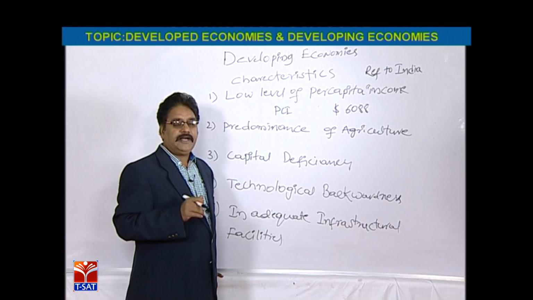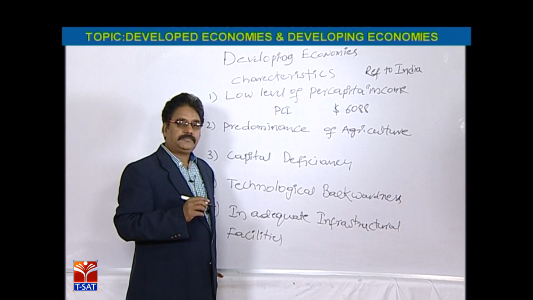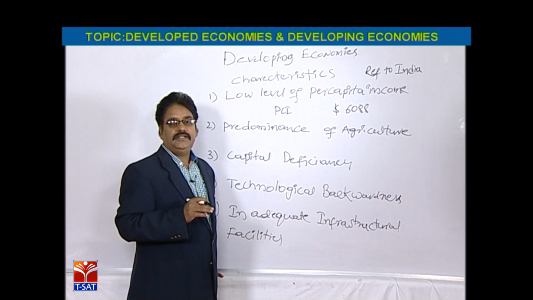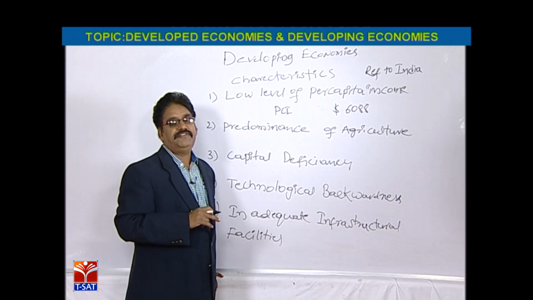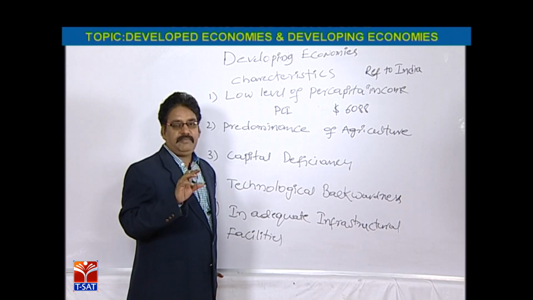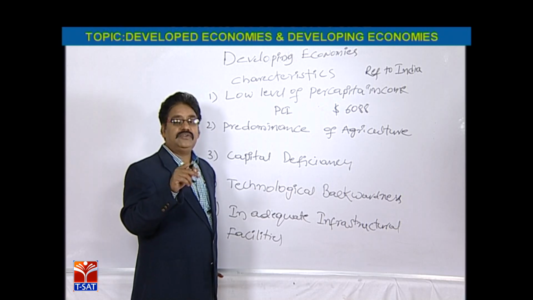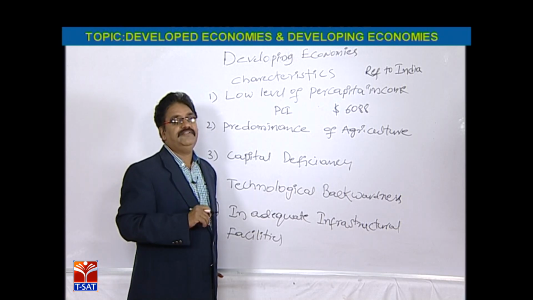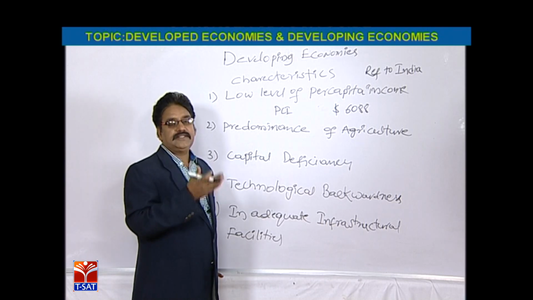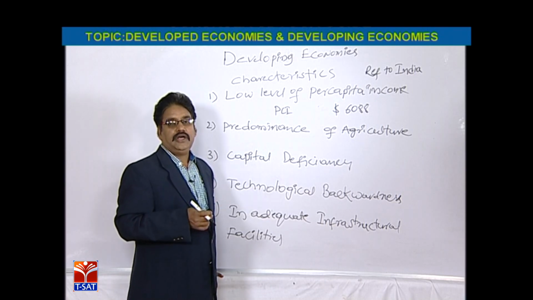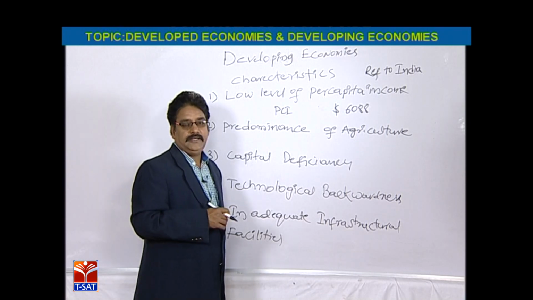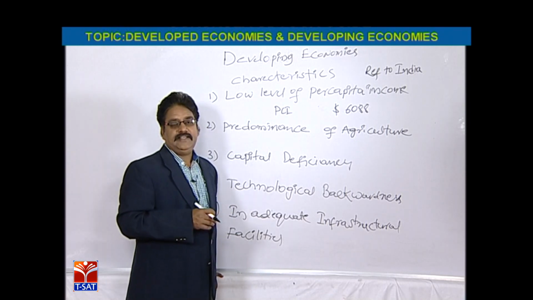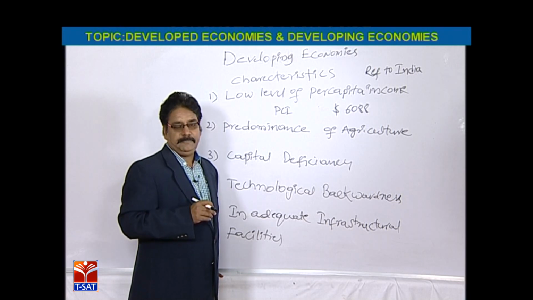In India, out of 100 persons, almost 65 to 70 during the 1950s, the employment opportunity in agriculture was around 70% during 1950. But that declined gradually.